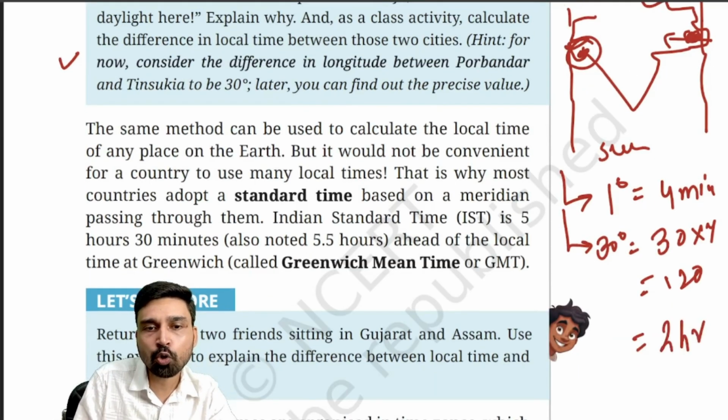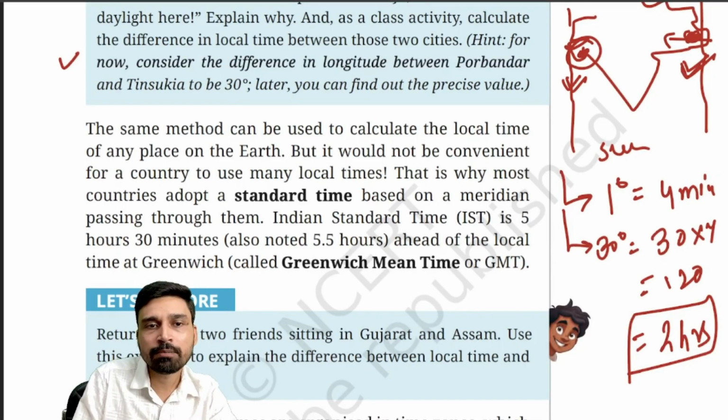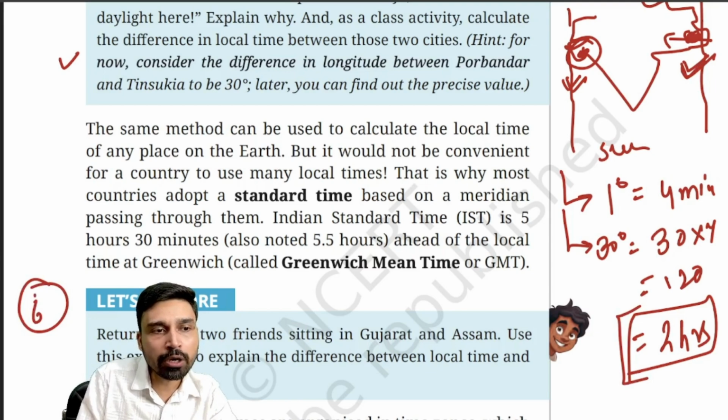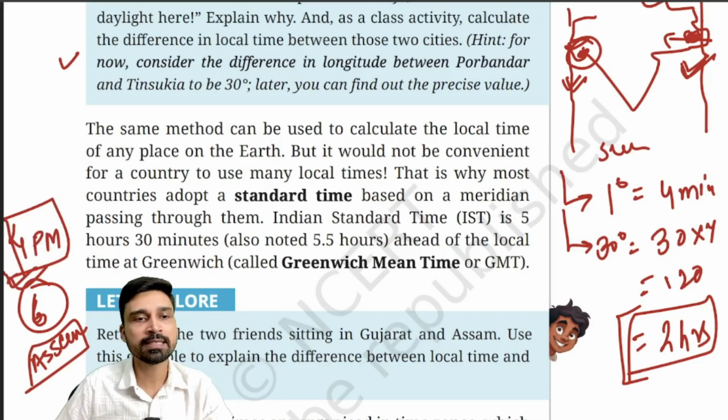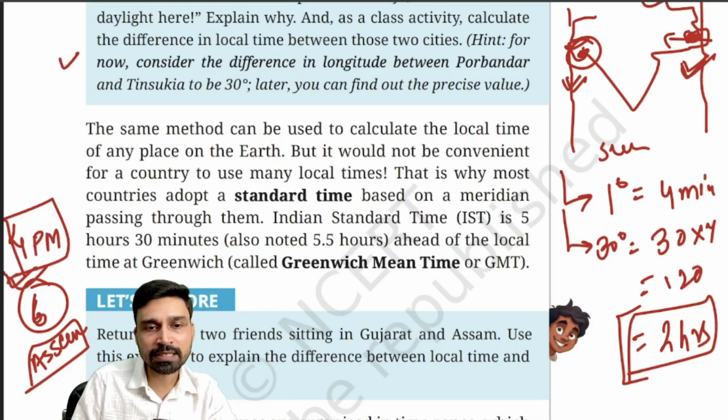It is equivalent to almost 2 hours. That means the local time difference between Assam and Gujarat is 2 hours. Suppose the sun sets at 6 p.m.; it's already 6 in Assam, that's why the friend is seeing the sun has set. But in Gujarat locally, it is 4 p.m., so still 2 hours are left before the sun can set in Gujarat. That's why this difference comes.